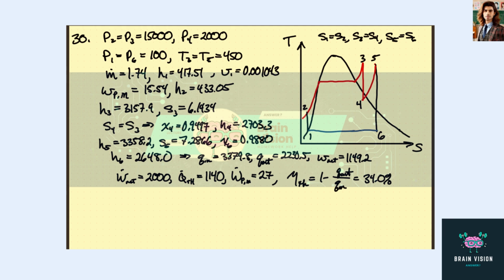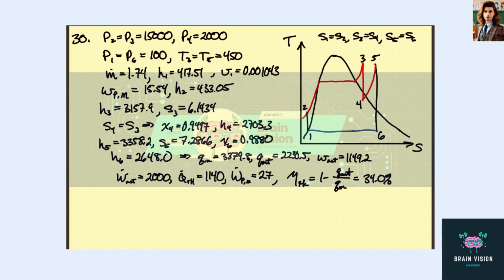and that's 2,703 kilojoules per kilogram, with a quality of about 95%. We could obviously get T4 too, but we didn't need that. So now we know H4, and at 5, we know temperature. We don't know pressure, but what else do we know at 5?